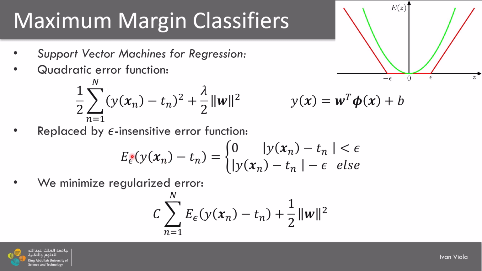Now if this difference is smaller in absolute value than a certain epsilon, then we will say that the error is 0. So we have this definition where the difference between the target value of the training point and the estimated value, if it is smaller than an epsilon, then the error is 0. Otherwise, if it's bigger than the epsilon, then the error is defined as the absolute value of y(xn) minus tn, minus epsilon.